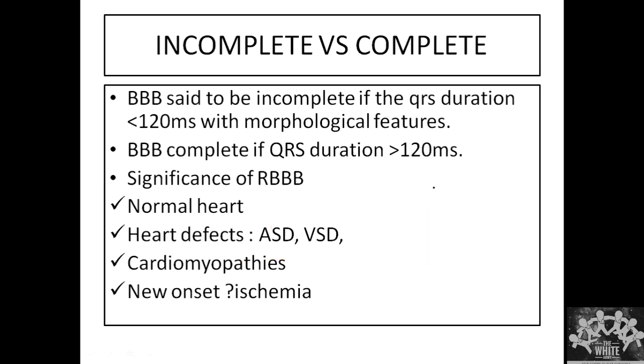So how do you diagnose types of ASD? I'm sure we all know the types of ASD. Can someone tell the types? Yes, it will be normal in V1 with RSR with less duration, correct.